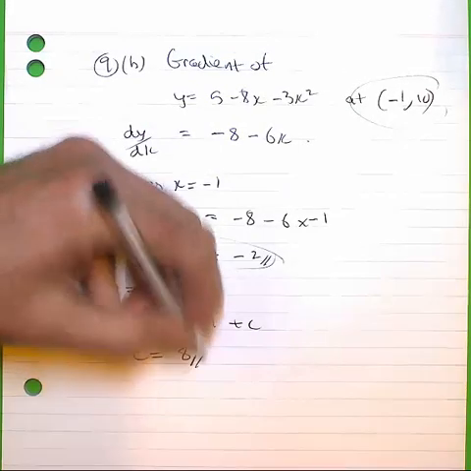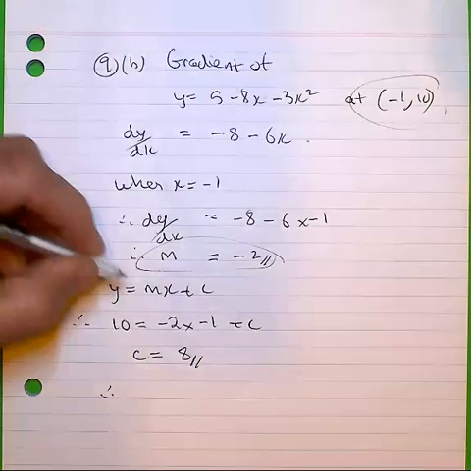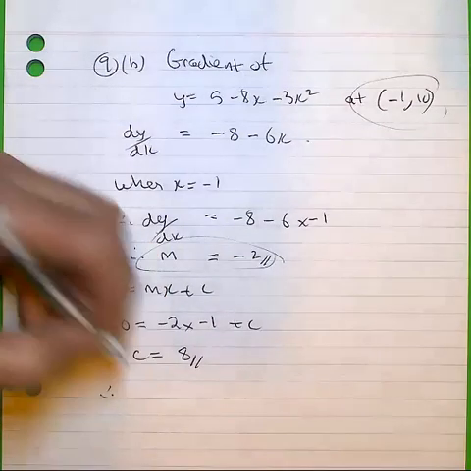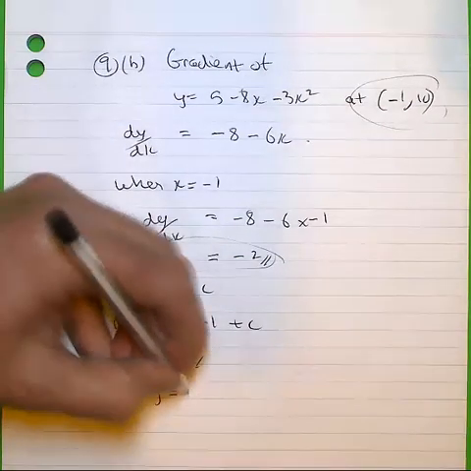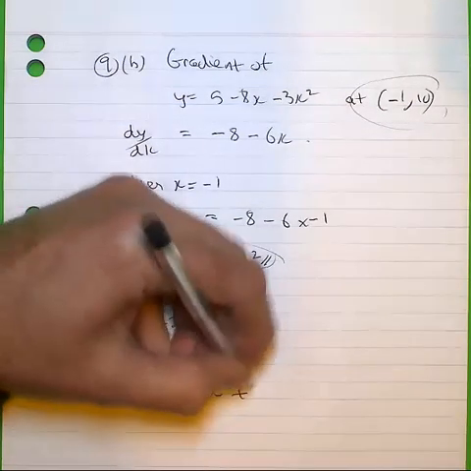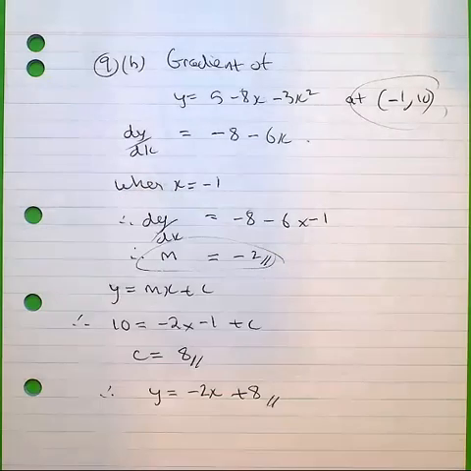C ends up being 8, so I therefore have the equation of the tangent, y is equal to -2x plus 8 as my answer.